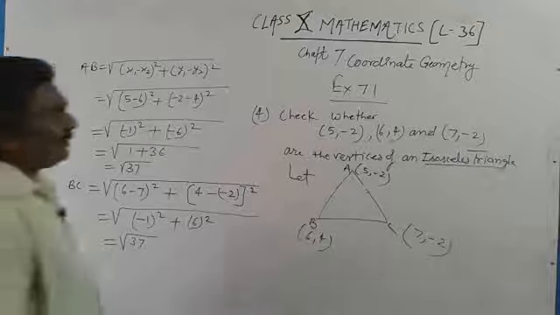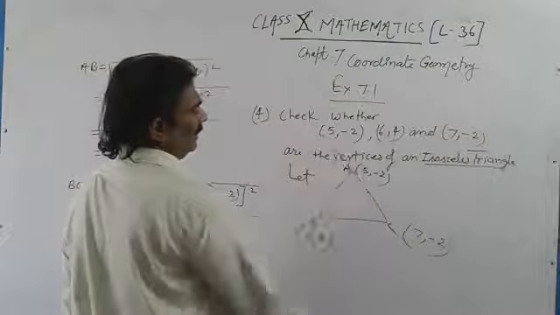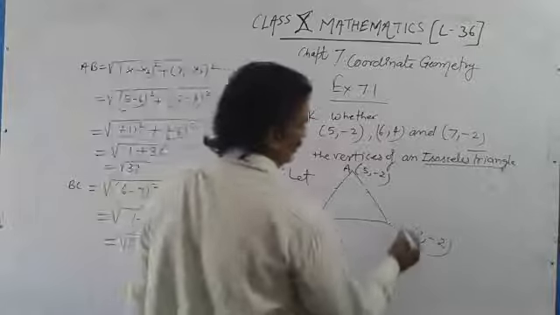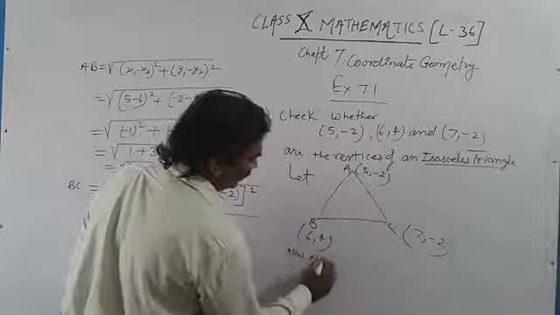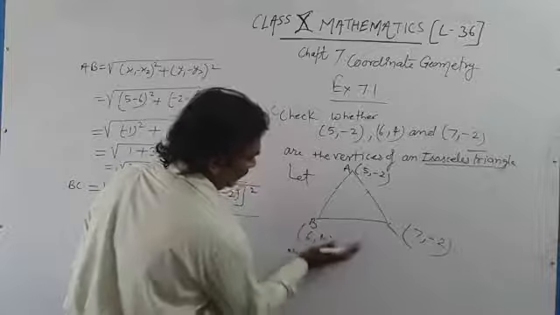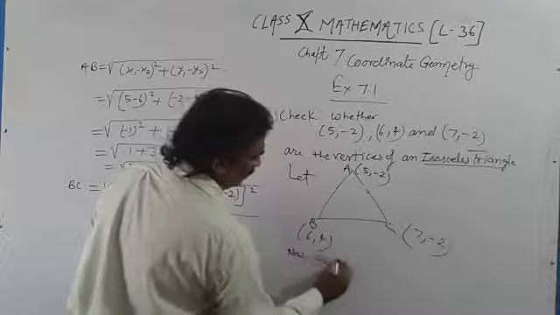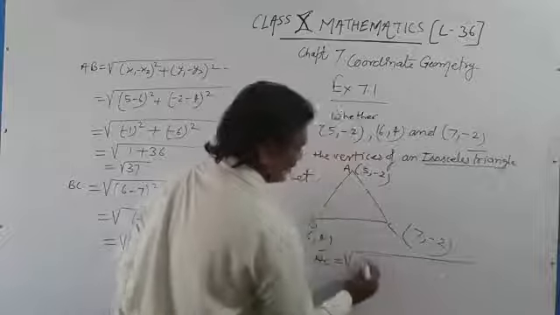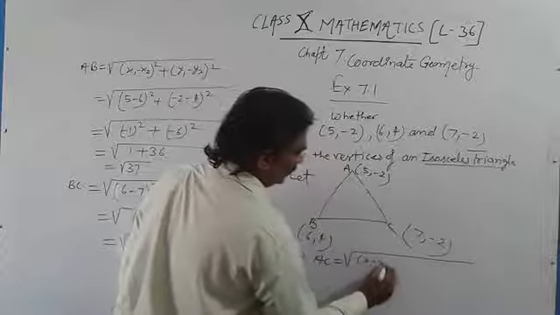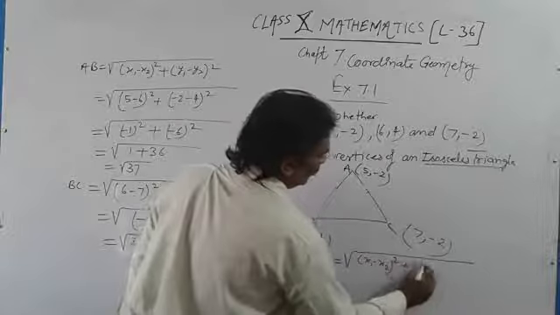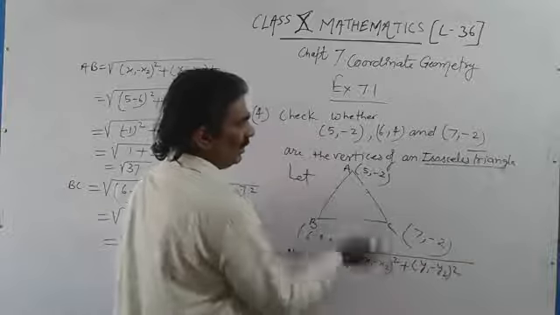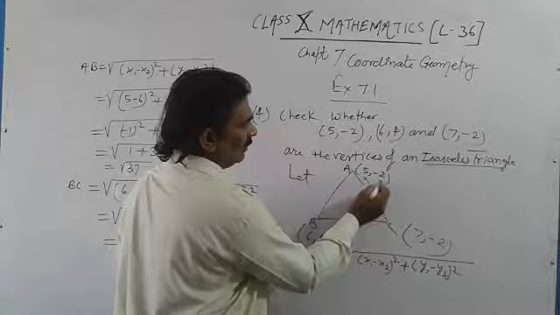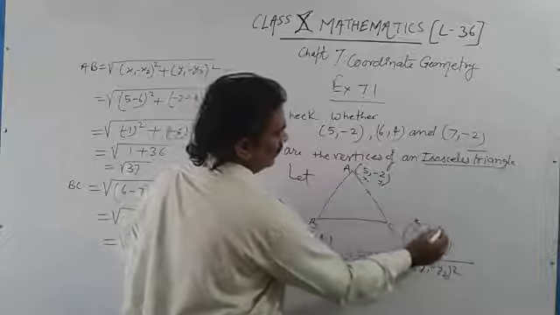Similarly, we will find AC. So now here we can write AC is equal to the square root of, by the distance formula, (x1 minus x2) whole square plus (y1 minus y2) whole square. For AC, these are x1, y1 and x2, y2.